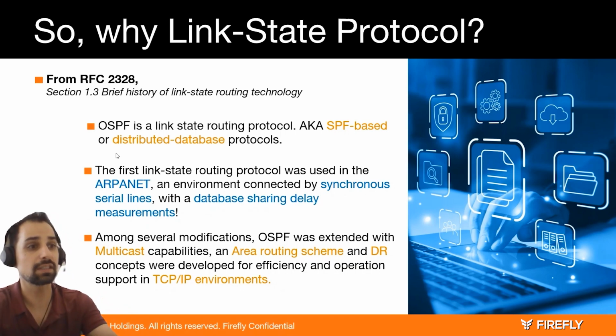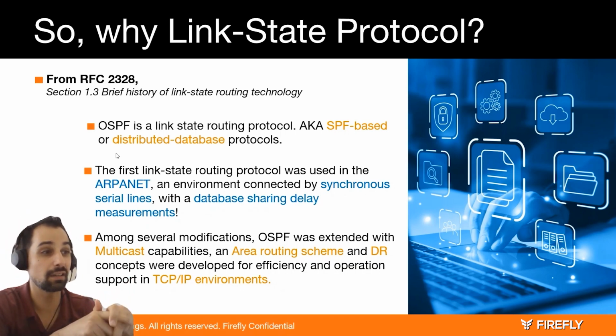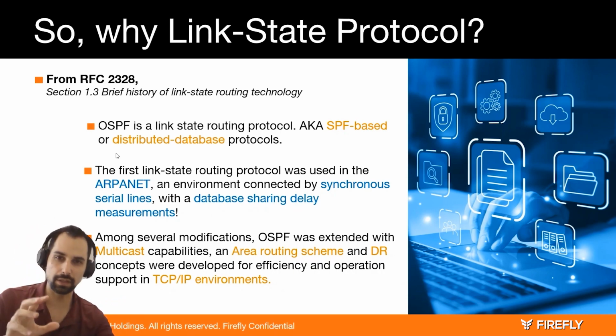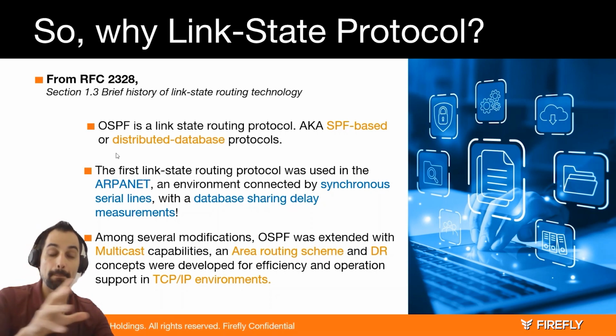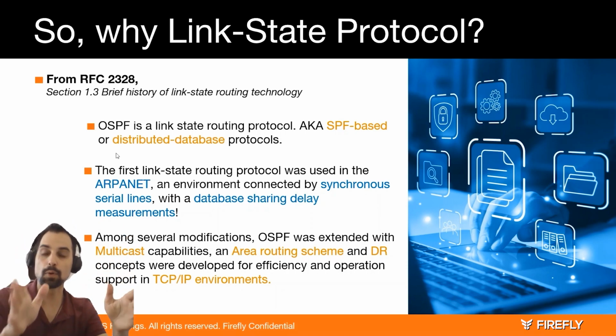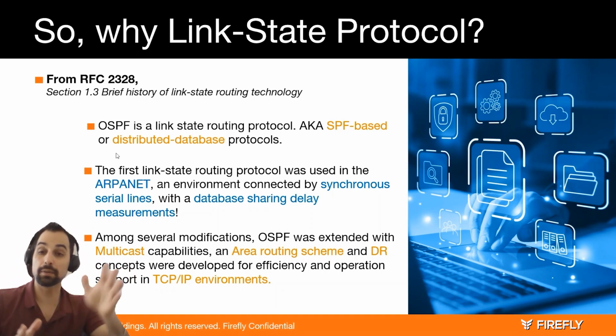So this first link state routing protocol running on the ARPANET was able to understand the delays of the links connecting each of the nodes and was able to make routing decisions based on those delays. So basically, if I have two different paths and path one has more delay than path two, I would prefer path two, right?